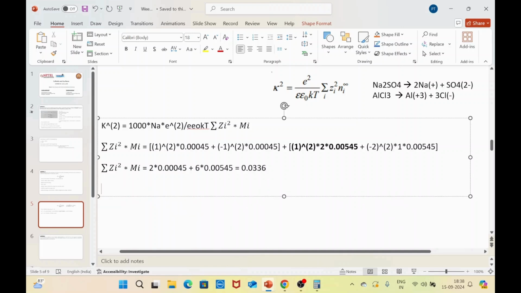Knowing this, the value of the expression, kappa square, will be nothing but 5.405 times 10 power 18 times 0.0336.